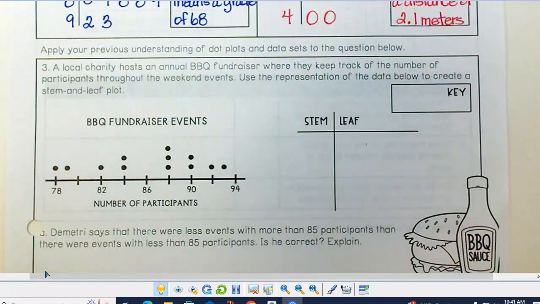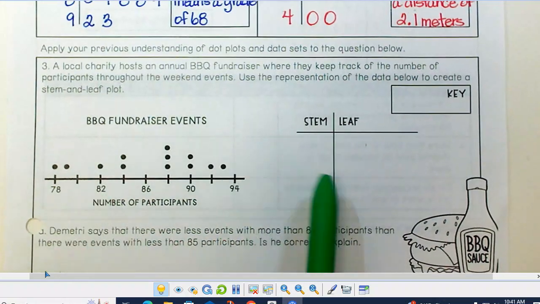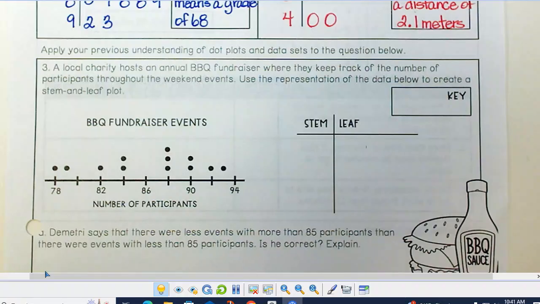A local charity hosts an annual barbecue fundraiser where they keep track of the number of participants throughout the weekend events. Use the representation of the data below to create a stem and leaf plot. Okay, well, what they did is they gave you the data as a dot plot, and you're going to take that information and convert it and make it into a stem and leaf plot.